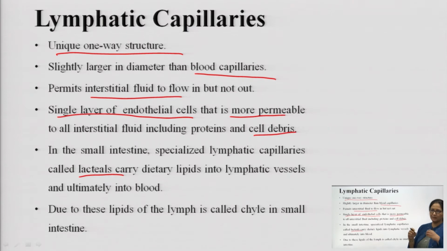So this is the basic difference between the lymphatic capillaries of the whole body and those of the small intestine. The small intestine lymphatic capillaries carry more dietary lipid content.